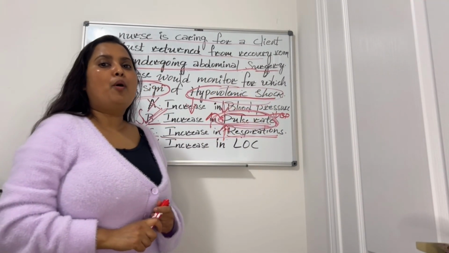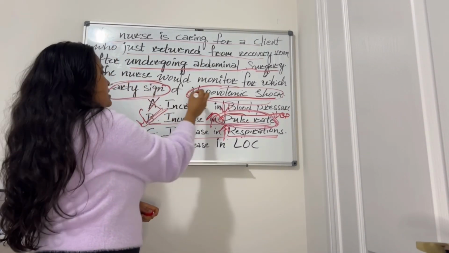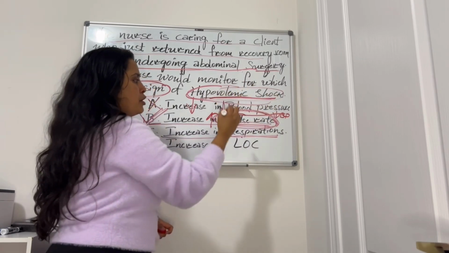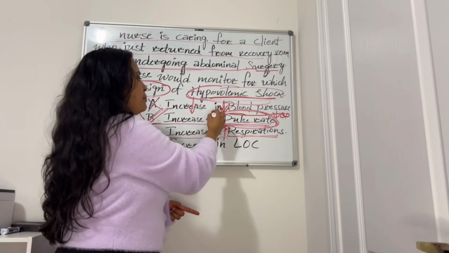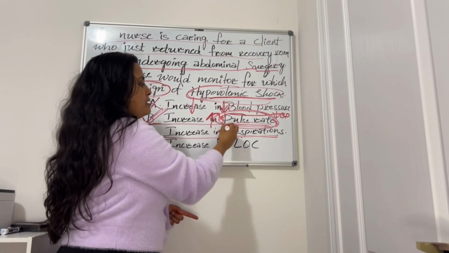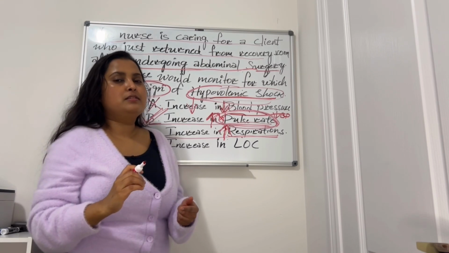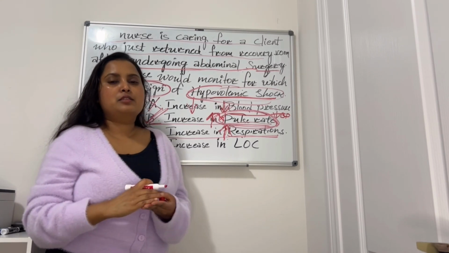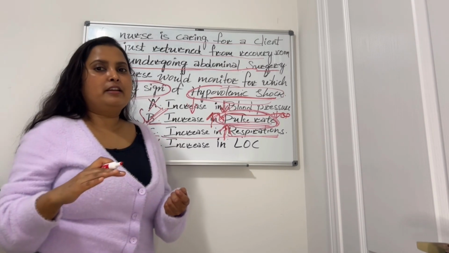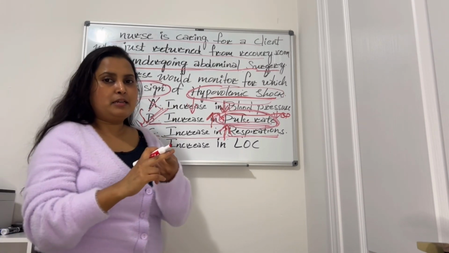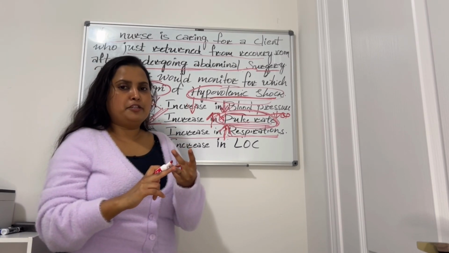I repeat this point, guys, it's very important. The classic signs and symptoms of hypovolemic shock are decrease in blood pressure, increase in pulse rate, and increase in respirations. You need to make a note of this. This question comes in different ways, but you should never get confused. It's increase in pulse, increase in respiration, and decrease in blood pressure.